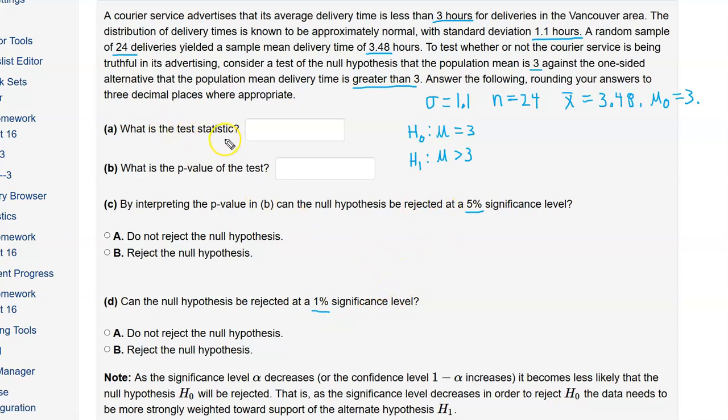Now to calculate our test statistic and the p-value, let's go back to our summary sheet for hypothesis testing when the population standard deviation is known, and quickly review the formulas for those two calculations.